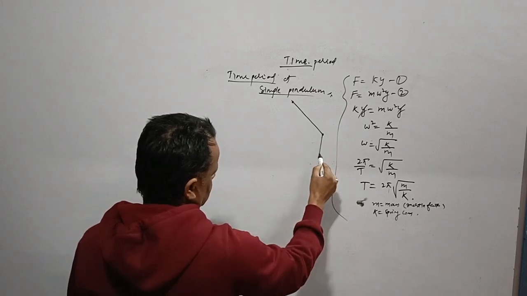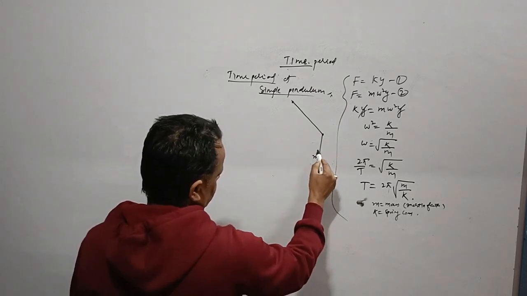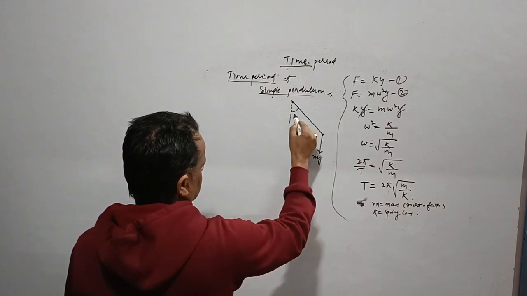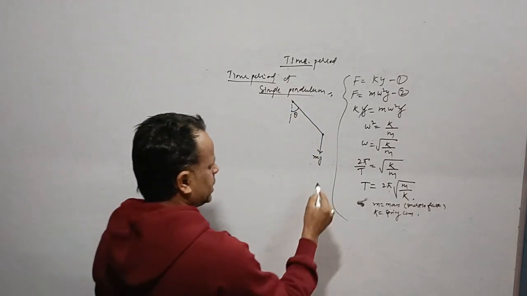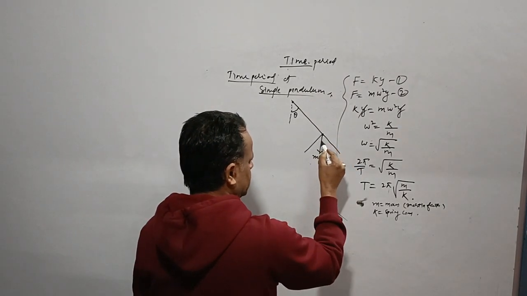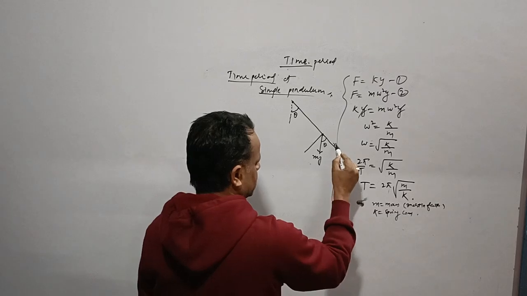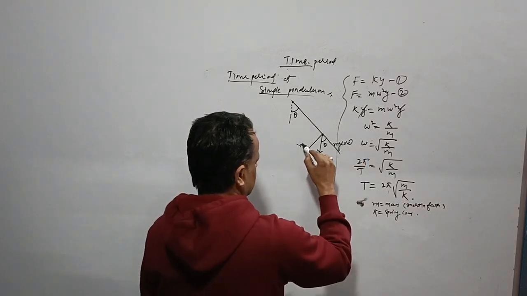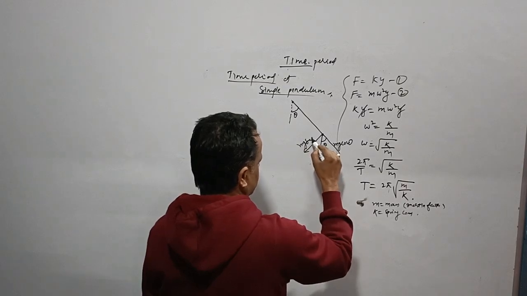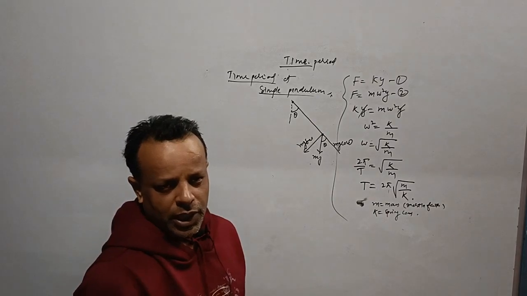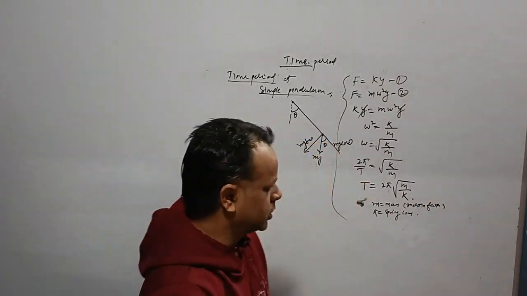Mass is this, and mass into gravity is acting downward. Let us suppose it makes angle theta with the vertical. We draw the components of it: this is mg cos theta, and this is mg sin theta.